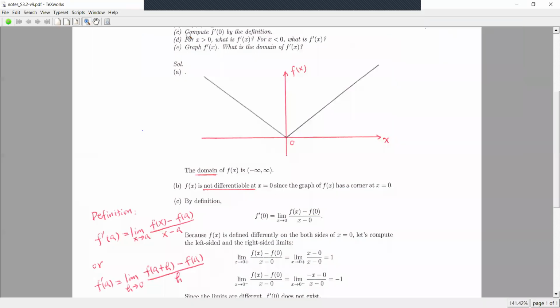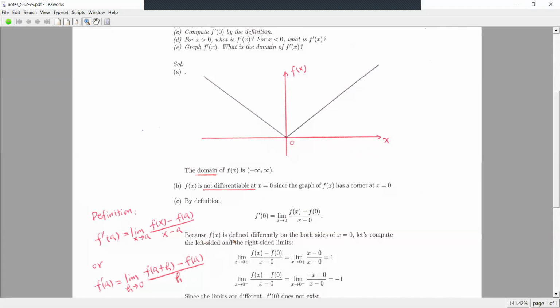Part C. Compute the derivative at 0 by the definition. These two formulas are the definition of the derivative. By this formula, the derivative at 0 is this limit. This limit is a both-sided limit. X can approach 0 from the left, and can approach 0 from the right.